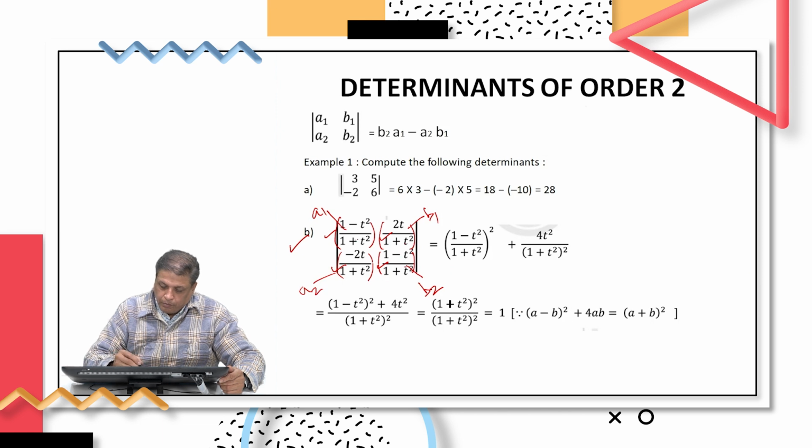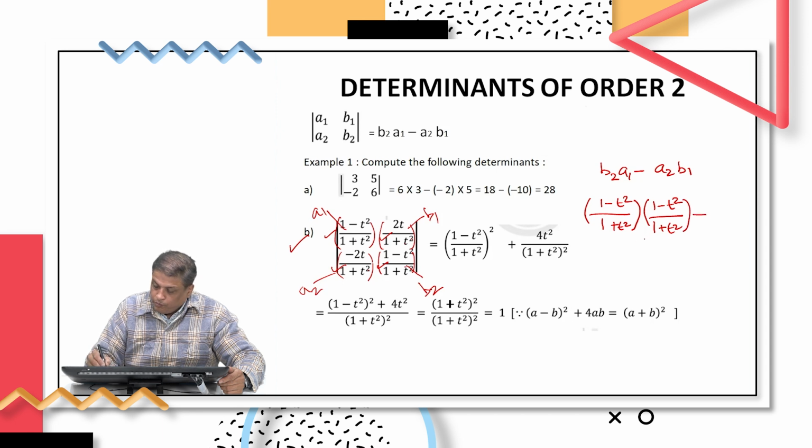So over here B2 is 1 minus t square upon 1 plus t square, and A1 is also 1 minus t square upon 1 plus t square, minus A2 B1. So what is A2? A2 is minus 2t upon 1 plus t square, into B1, which is 2t upon 1 plus t square.